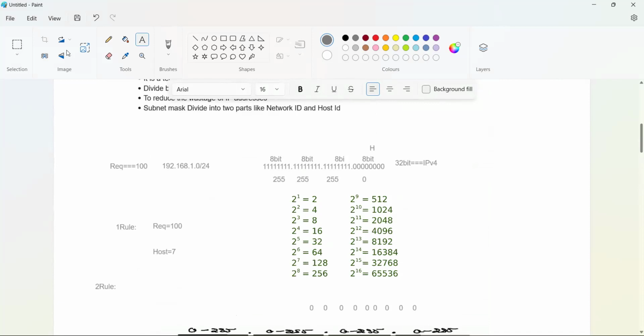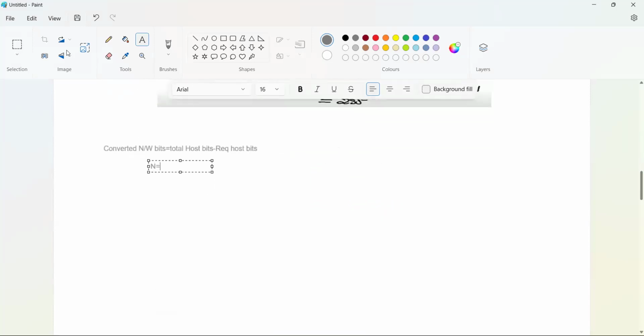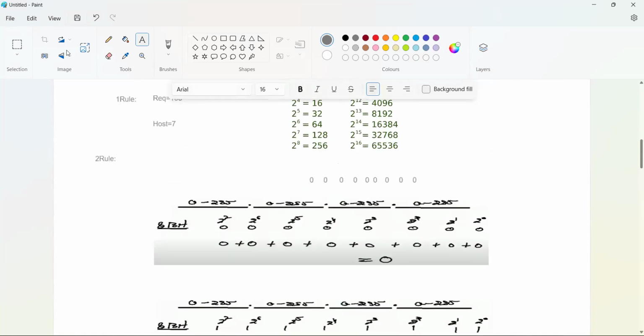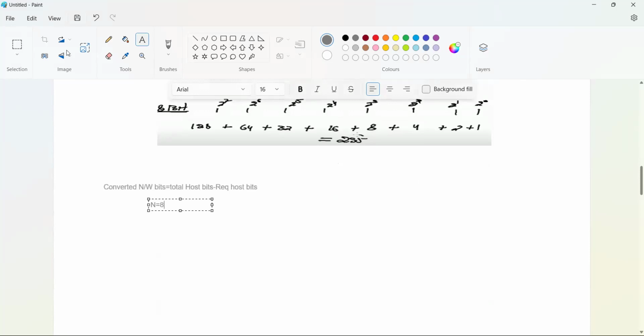Okay, class C. Here how many bits do we have for host? 1, 2, 3, 4, 5, 6, 7, 8. 8 bits we have, right? So my total host bits are 8. So 8 total host bits minus the required 7 bits is equal to 1. The answer is I need 1 network bit.